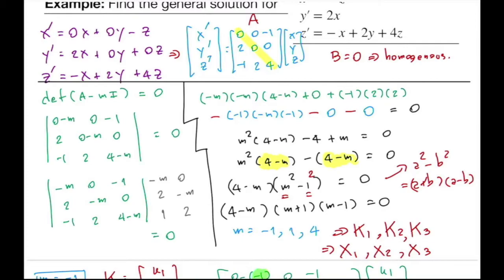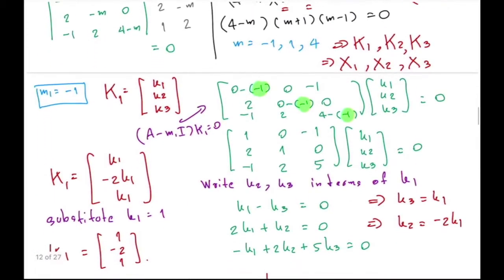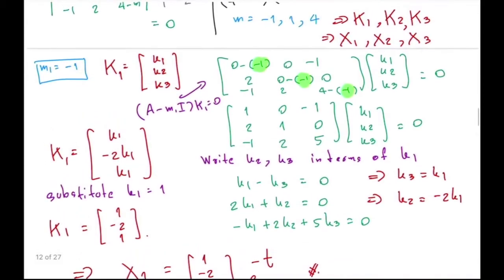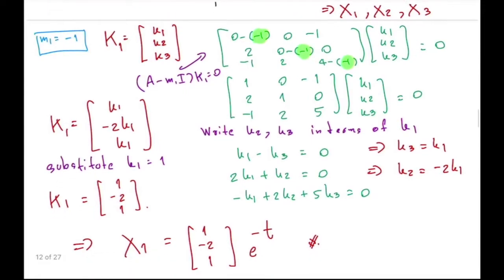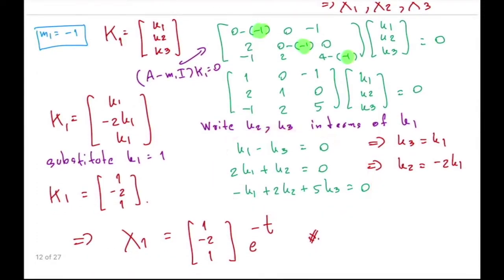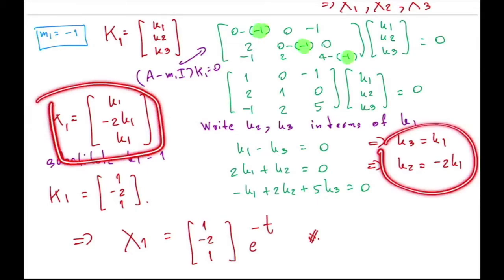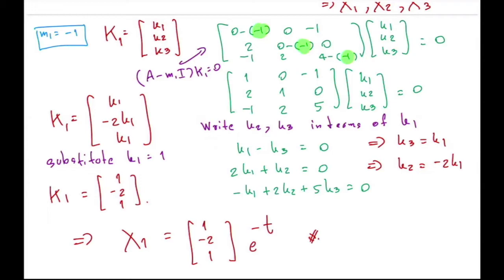After that, if M is minus 1, we use this equation to find K1, and then we arrive at this system of linear equations in k1, k2, and k3. So we write k2 and k3 in terms of k1, so we have the big K1 like that, and then we can substitute the little k with 1.